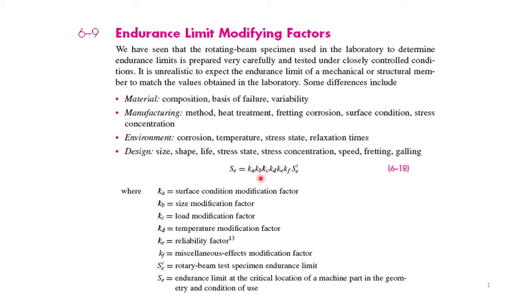Okay, so this accounts for the type of fluctuating stresses. Kd is the temperature modification factor. العينة اللي اختبرت ايضا في المعمل كان تحت درجة حرارة 20 او 25، لكن في الريل لايف ابلكيشن ممكن جدا الفلكتويتنج لودز دي تكون موجودة على components بتتعرض لدرجات حرارة عالية 200 درجة let's say.